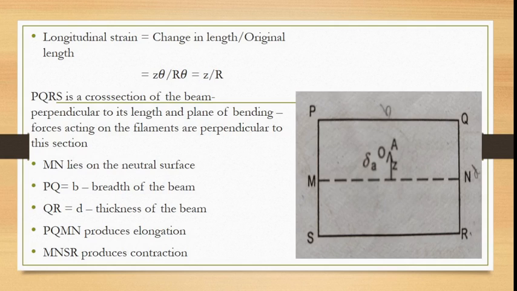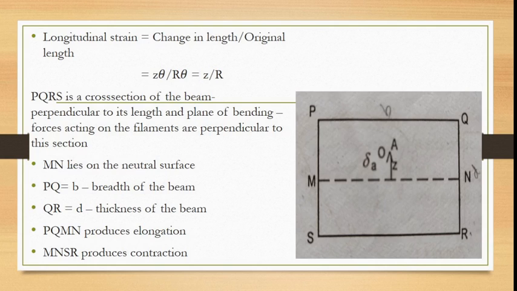The forces acting on the filaments in the portion MNSR, that means the lower portion of the neutral surface, will undergo contraction, and the forces acting on the filaments in the portion PQMN undergo elongation.